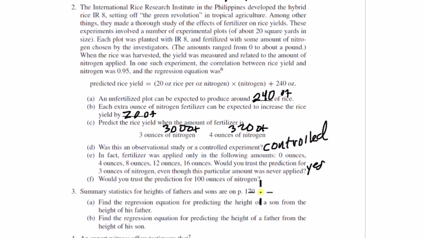This is going to be potentially on the outskirts. I mean, we really need more information to say if 100 ounces is for sure on the outskirts of the study. Oh, well, okay, it says the amounts ranged from 0 to about a pound. 1 pound is 16 ounces, so 100 ounces, that's too far.